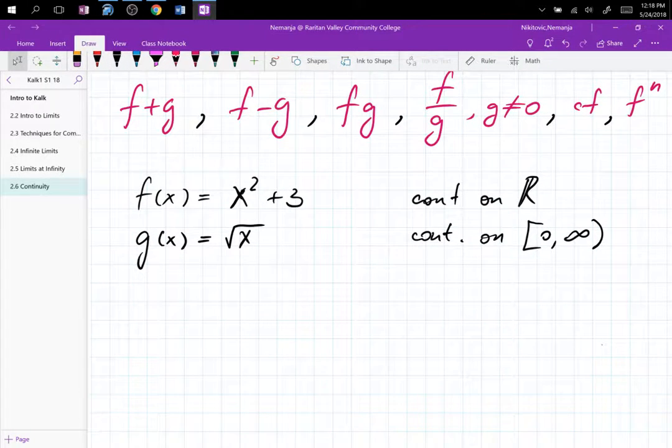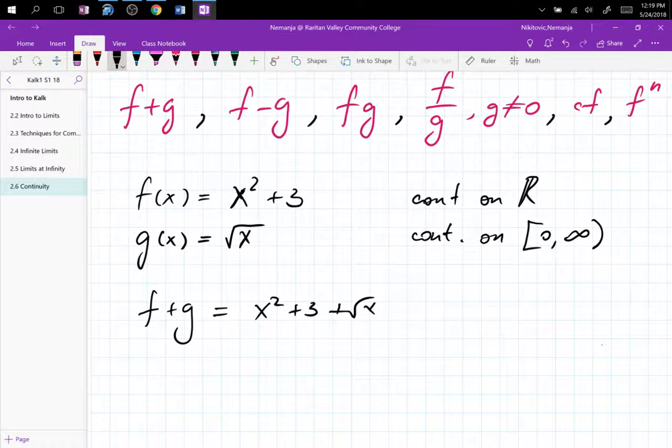Now, if I want to create any of these combinations from above using these two functions, I will have to claim continuity on the most restrictive domain once you combine these. So if I have f plus g, in this case, that will be x squared plus 3 plus root x.